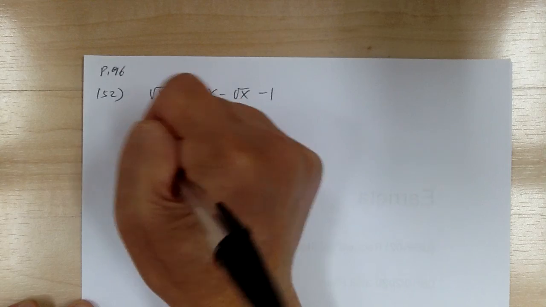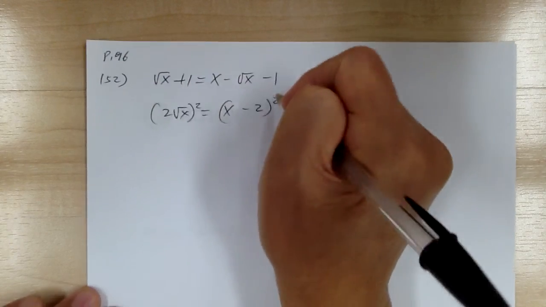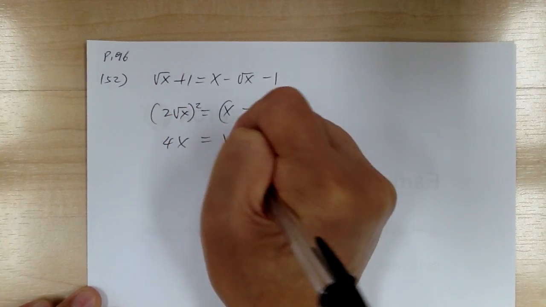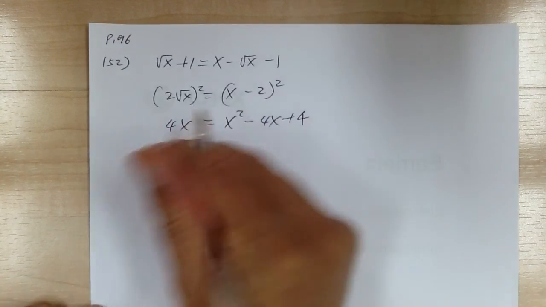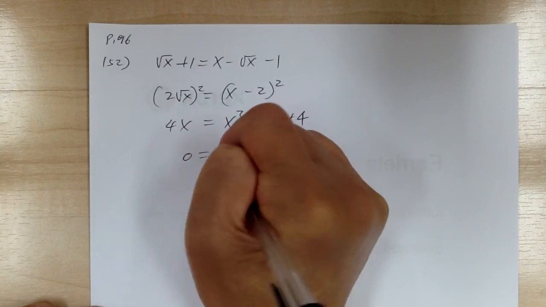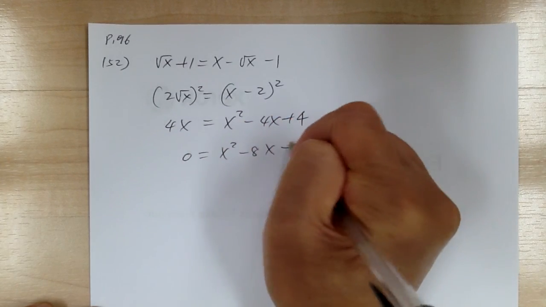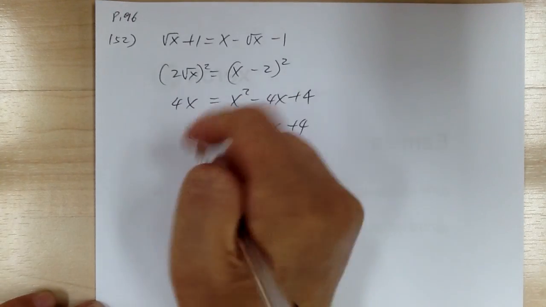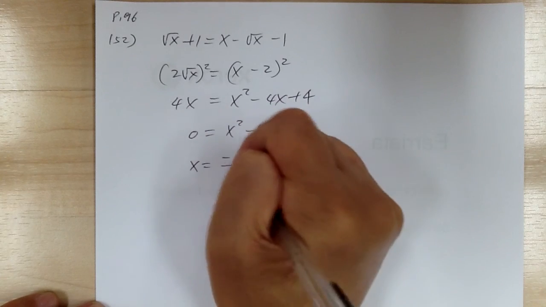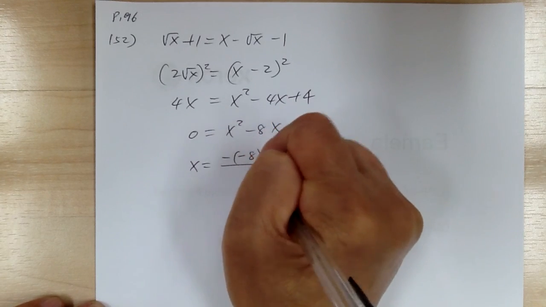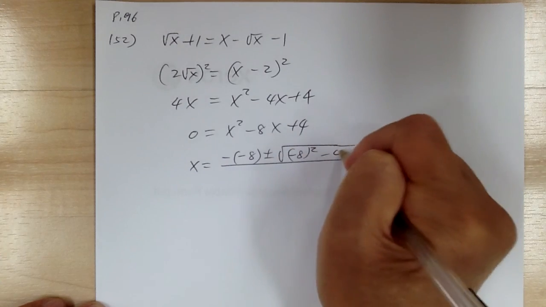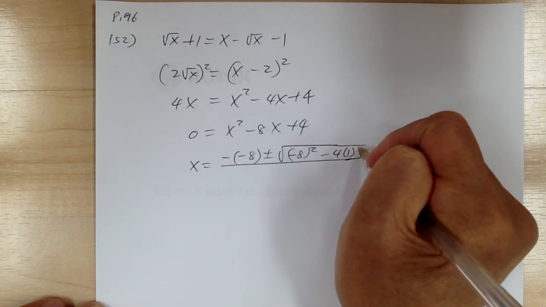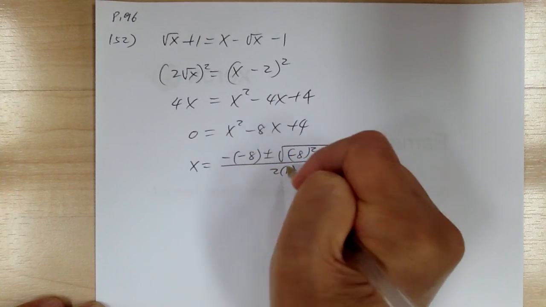Then after that, go and square both sides. So you got 4x equal to x squared minus 4x plus 4. And move this over. So you got 0 equal to x squared minus 8x plus 4. Use your quadratic formula. Negative b plus or minus square root of b squared minus 4ac over 2a.